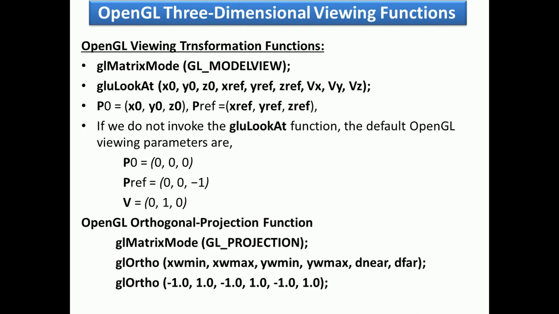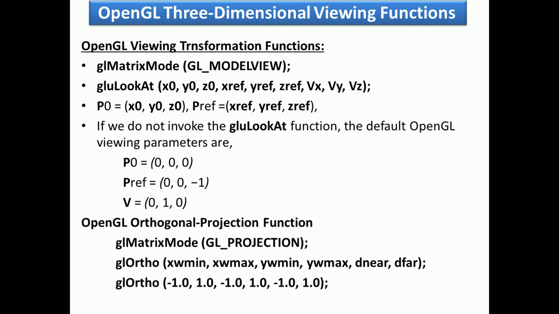Here viewing parameters are specified with the following GLU function, which is in the OpenGL utility library because it denotes the translation and rotation routines in the basic OpenGL library. That function is gluLookAt.